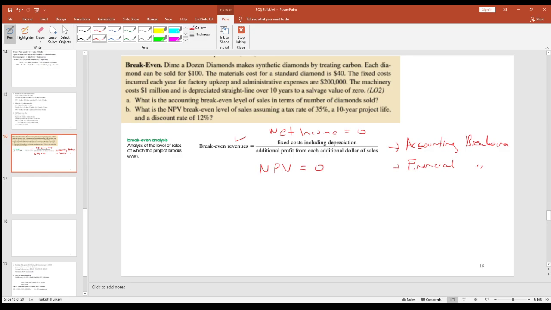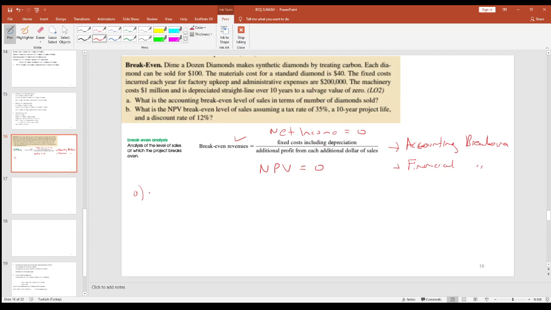So what is the accounting break-even level of sales in terms of number of diamonds? If you apply this equation, fixed cost including depreciation means fixed cost and administrative expense, fixed cost and depreciation.